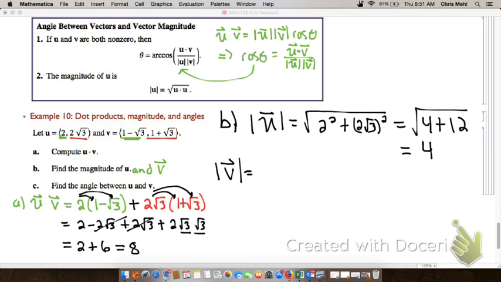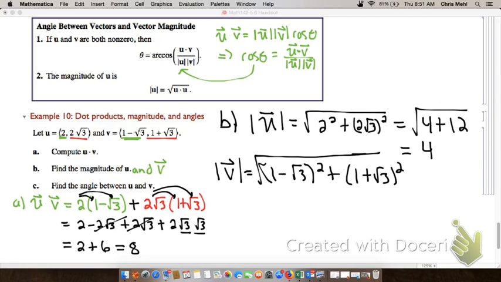The magnitude of v is the square root of 1 minus root 3 squared plus 1 plus root 3 squared. And if you simplify, this will equal the square root of 1 minus 2 root 3 plus 3.